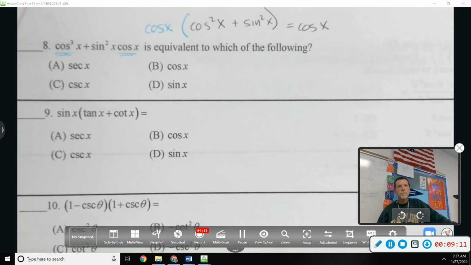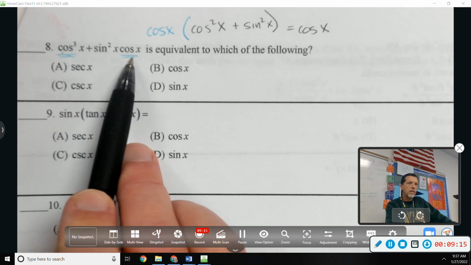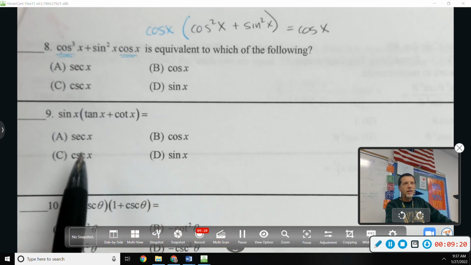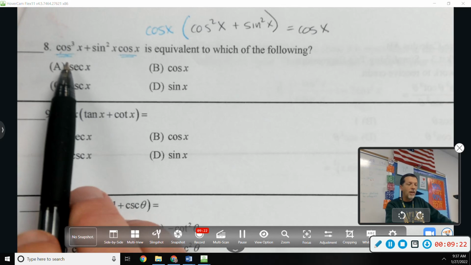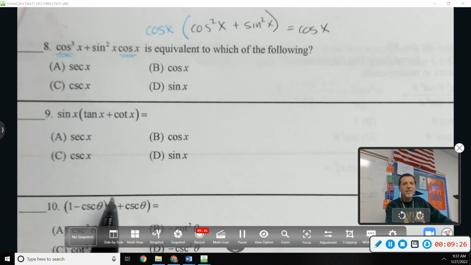So how'd you get that? From the original expression, I recognized that these both had a cosine in them, so I could factor that cosine out. And when I factored out one cosine, magically what was left over was nice.